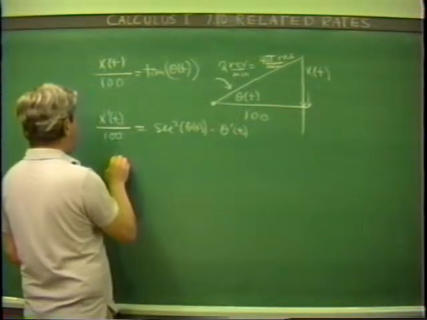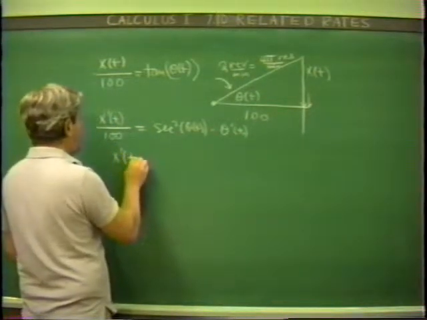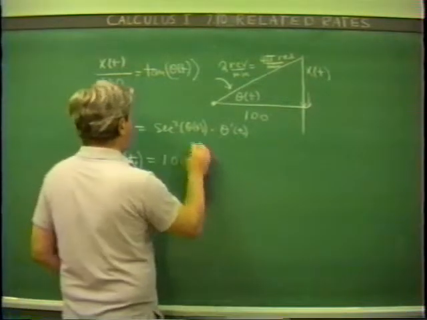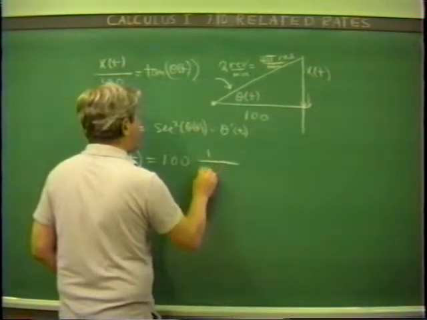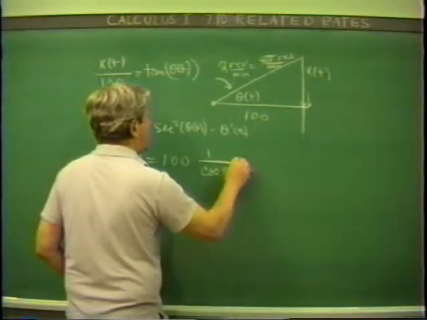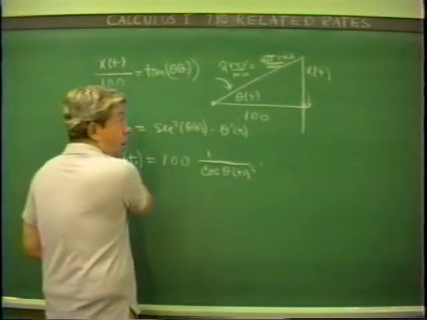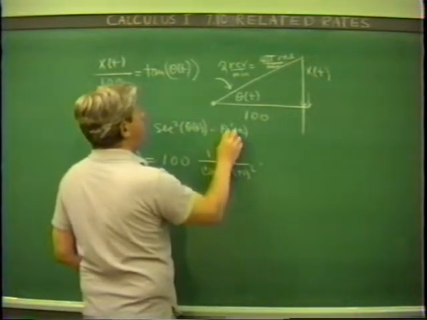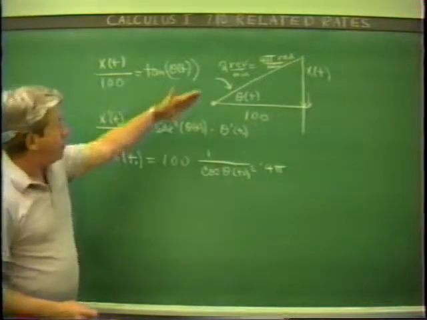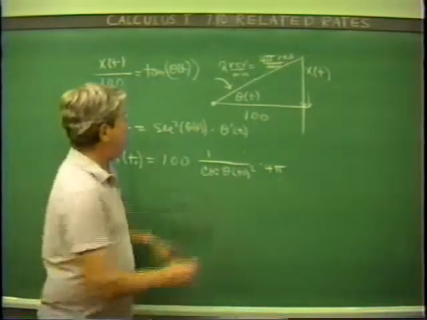It only needs to be turning at the time we're interested in. We want to know x prime of t. It's going to be equal to 100 secant squared, which is 1 over the cosine of theta squared at the time we're interested in, times the rate of change of theta at that time, which is 4 pi.